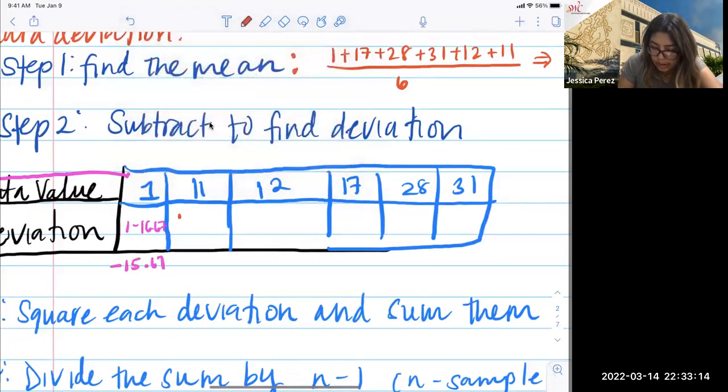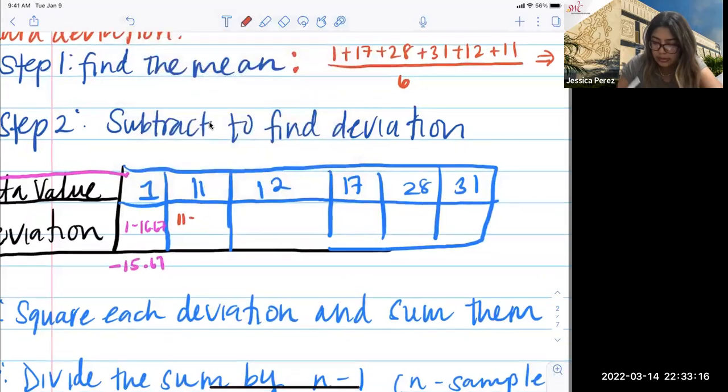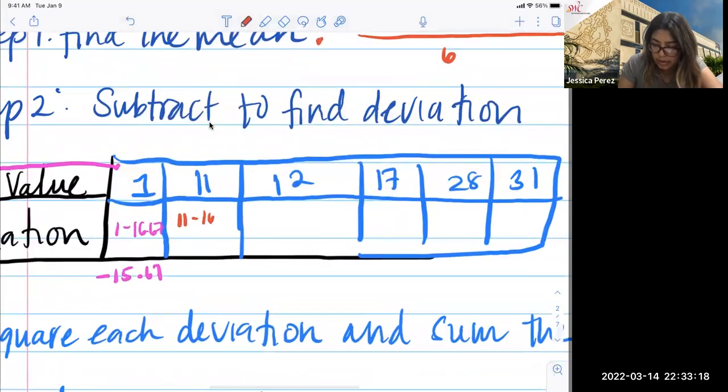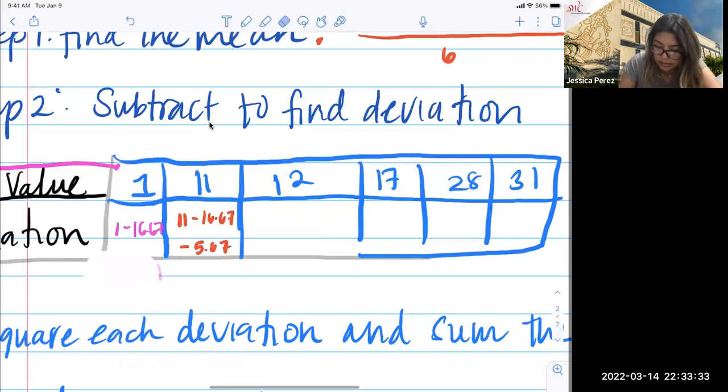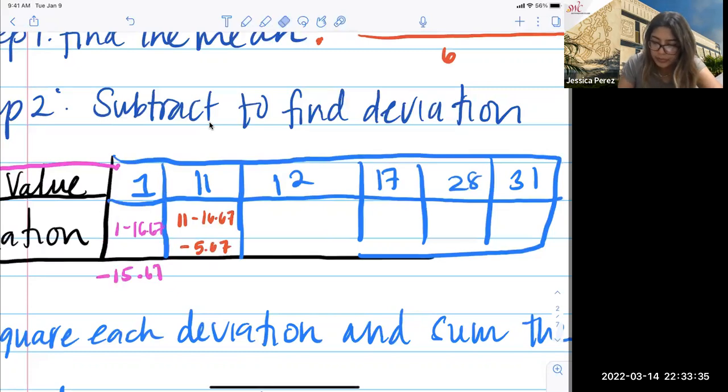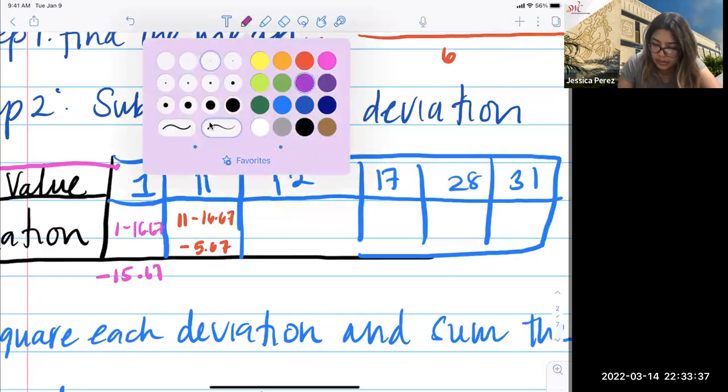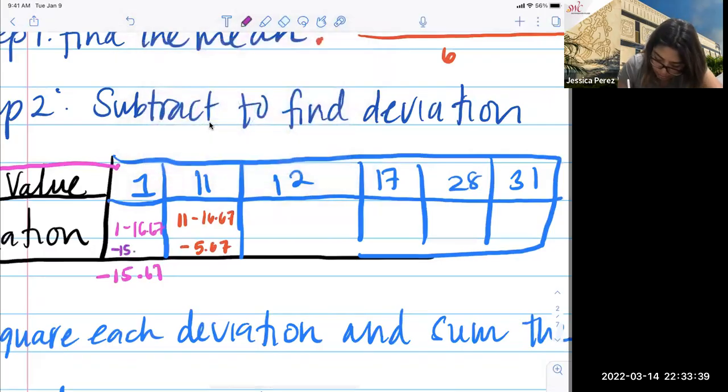Same thing, you do 11 minus 16.67. It's okay if it's negative. 11 minus 16.67 is negative 5.67. Let me rewrite this one. So this one was negative 15.67.